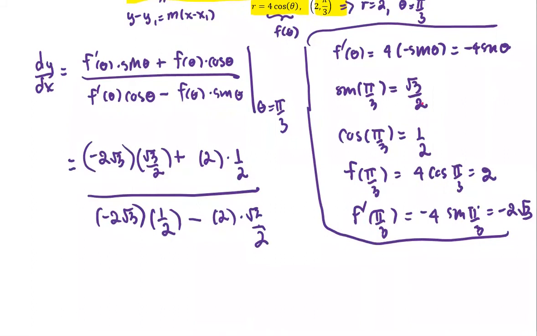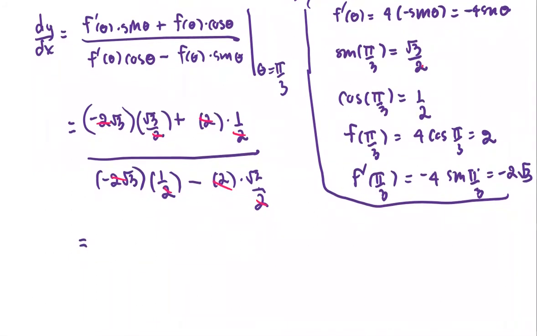And then let's clean up the numbers. 2 and 2 cancel, 2 and 2 cancel. The simplified numerator is negative 3 plus 1, divided by negative square root 3 minus square root 3.